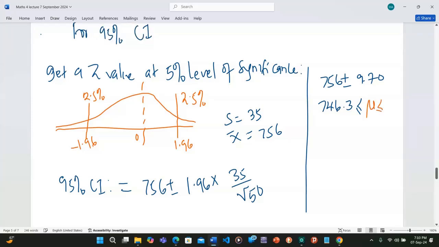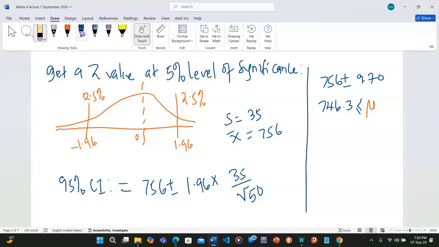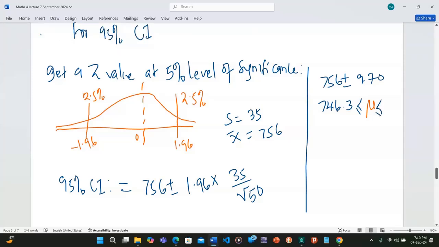Less than or equal to, now 756 plus that. 756 plus 9.7. So finally, the value that I have here is 765.7.